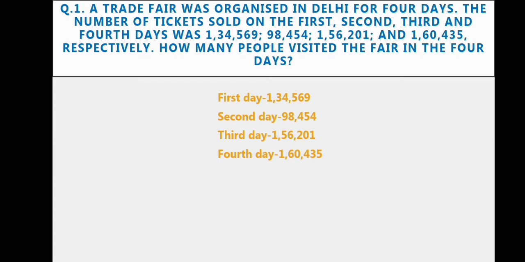So the people who came is also 98,454. On the third day, 1,56,201 and on the fourth day, 1,60,435. So they are asking how many people visited the fair in the 4 days. Means we have to add all these, and the sum of these numbers will be the people who visited the fair in the 4 days.